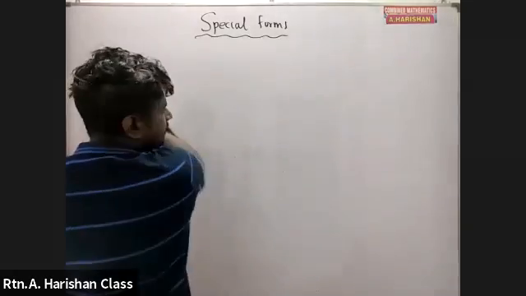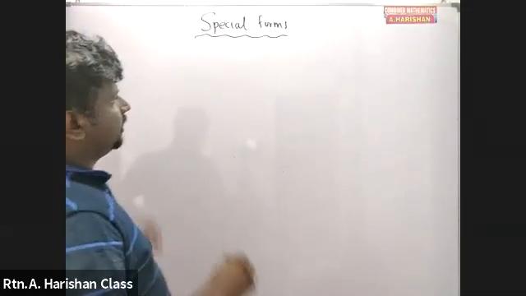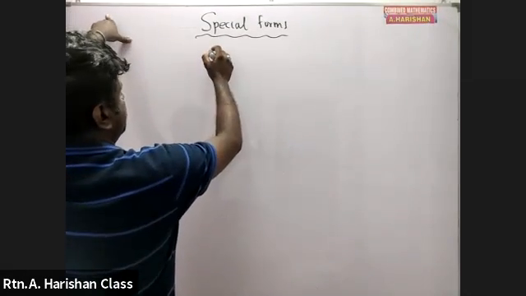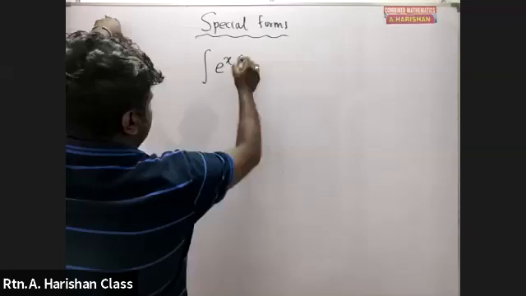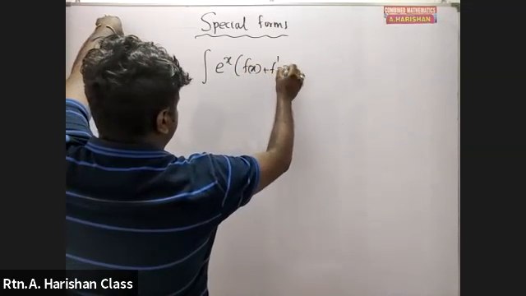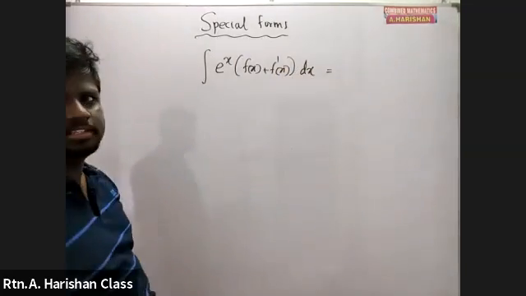The first form what we are going to do is the integral of e to the power x times f of x plus f prime x dx. So what is the answer?